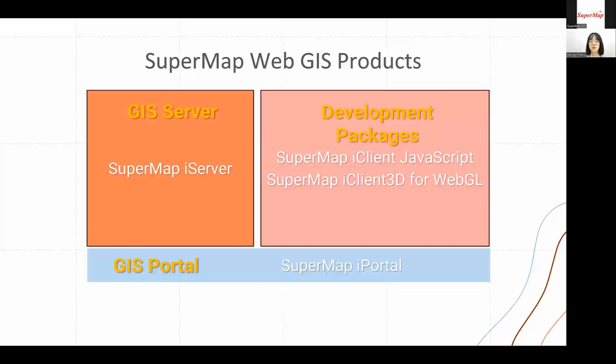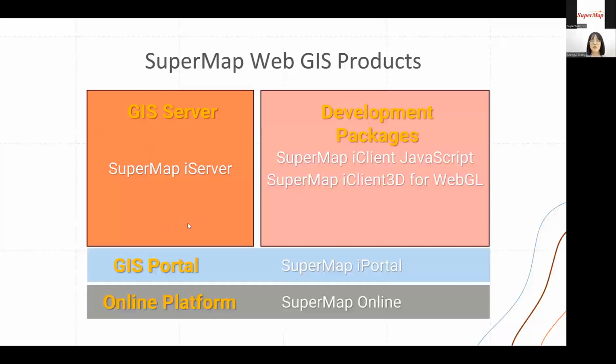If you use that, you don't have to create a portal from the very base, step by step. It provides you with the basic frame and functions of a portal, and it also enables you to develop it by yourself if you want.